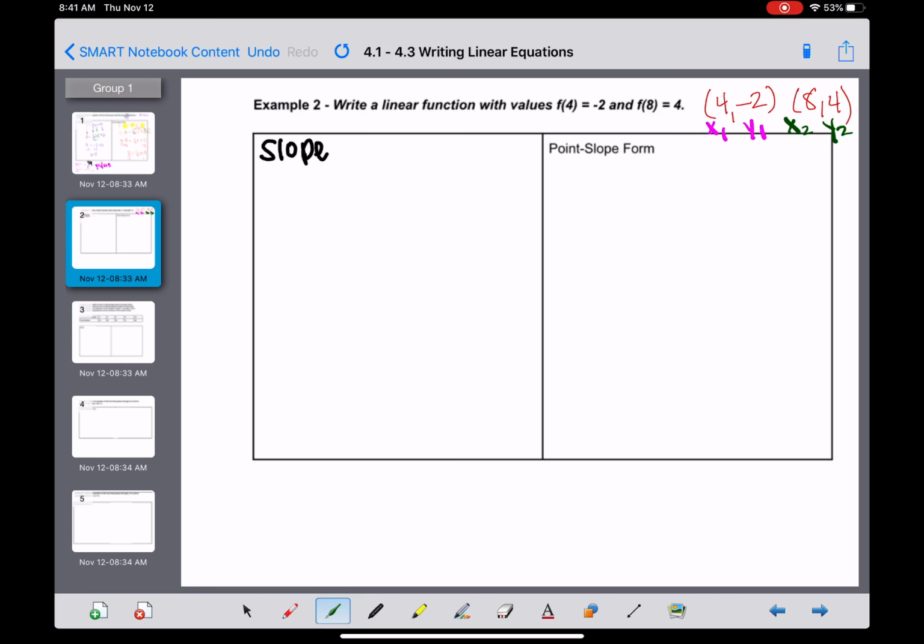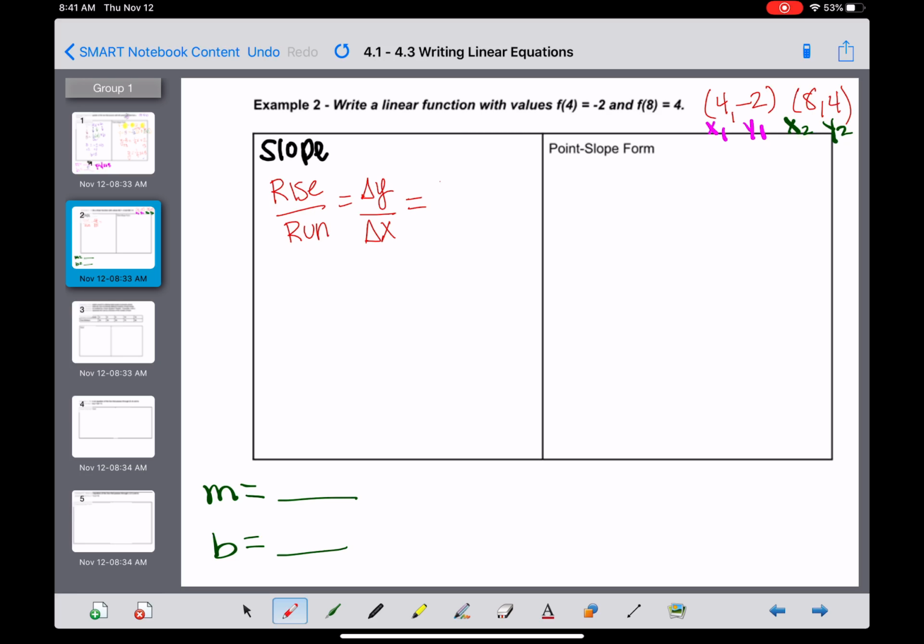We were given no information that we would need. We weren't given the slope, we weren't given the y-intercept. So we need to find both parts now. Remember or recall that our slope is our rise over our run. When we rise, we are looking for the change in the y. When we run, we're looking for the change of x.